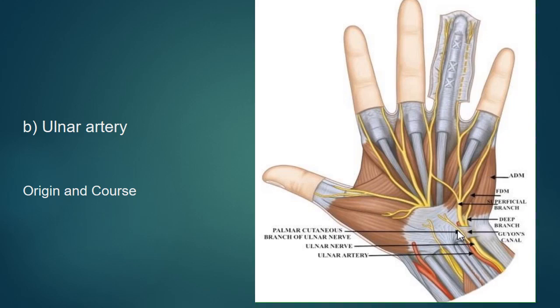I'm just showing you this image for a concept that this is the flexor retinaculum, a band of deep fascia, and this one is the volar carpal ligament, a small ligament present on the flexor retinaculum, which forms a small space underneath. Through this space, the ulnar artery and ulnar nerve pass and enter the hand. This canal is termed the ulnar canal or Guyon's canal. You just need to remember its location and name at this stage.